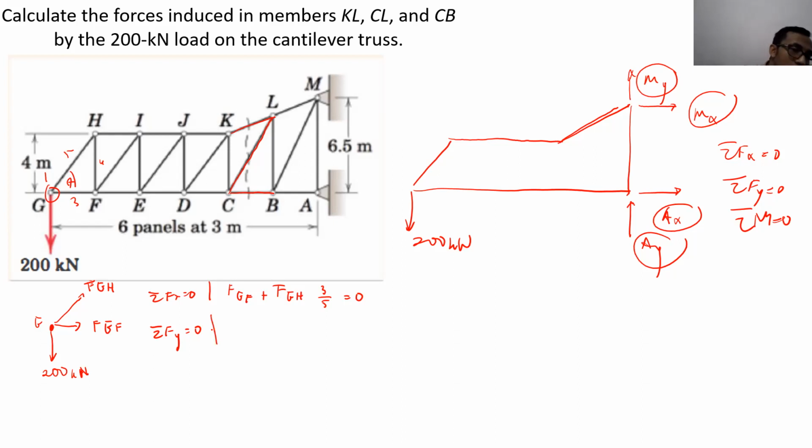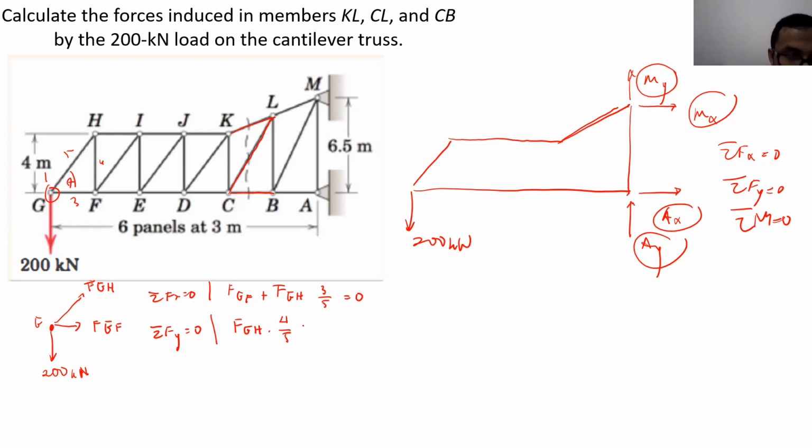Start with sigma Fy first. What you have for the sigma Fy? What forces are there in the y direction? FGH sine theta. What is the value of sine theta? 4/5, correct.